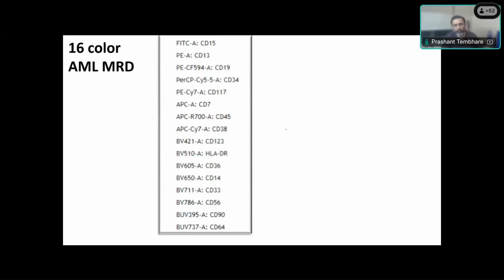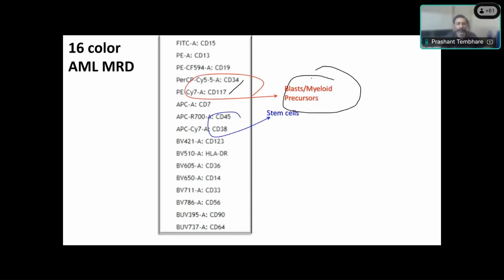Now, what is the purpose of these different markers? We know CD34 and CD117 are to identify precursor cells. Then we have CD45 and CD38 to identify stem cells. The reason is that even abnormal stem cells represent residual disease, and the tumor cells many times show loss of CD38.